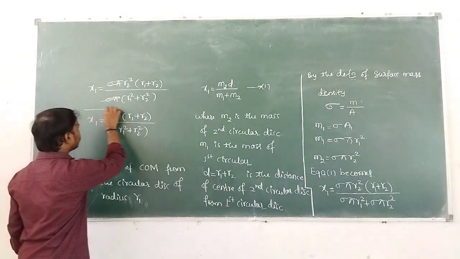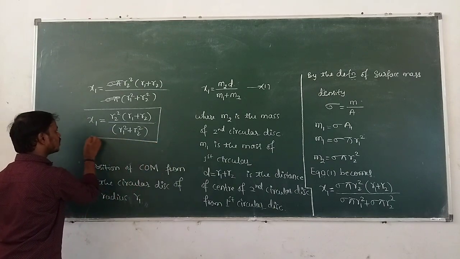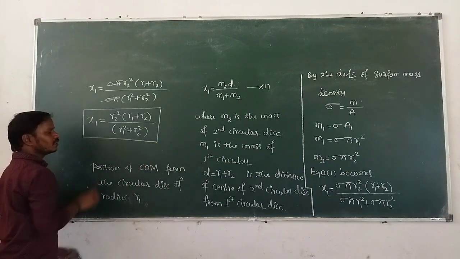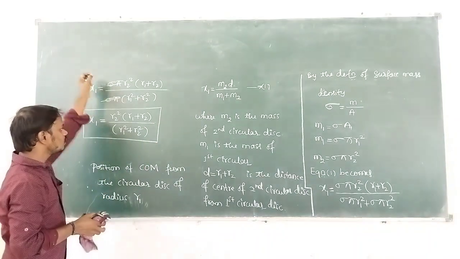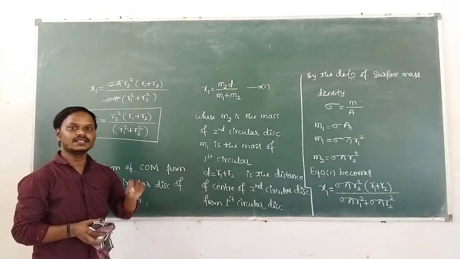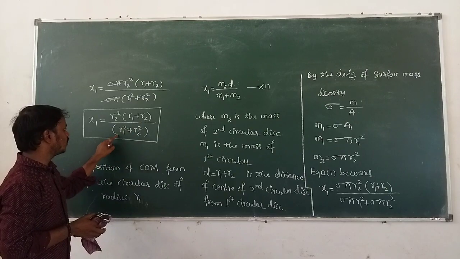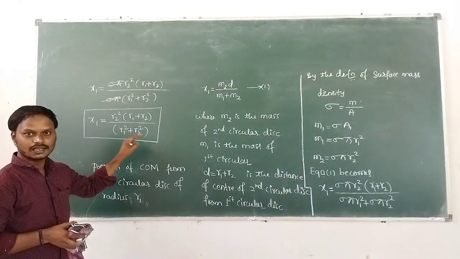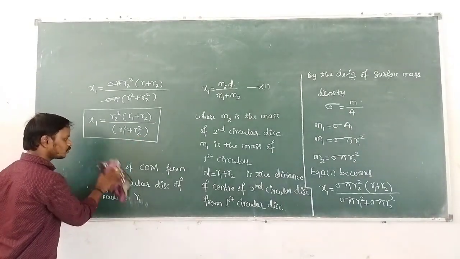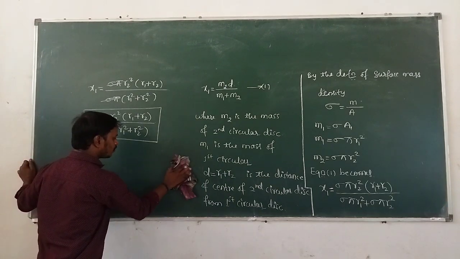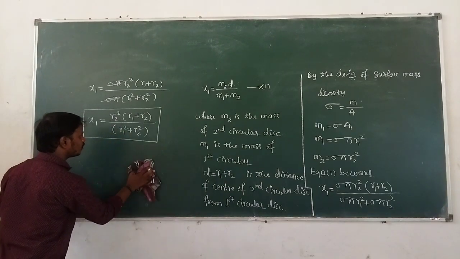This is the formula to find the position of the center of mass relative to the circular disk of radius r1, that is r2 square into r1 plus r2 divided by r1 square plus r2 square.